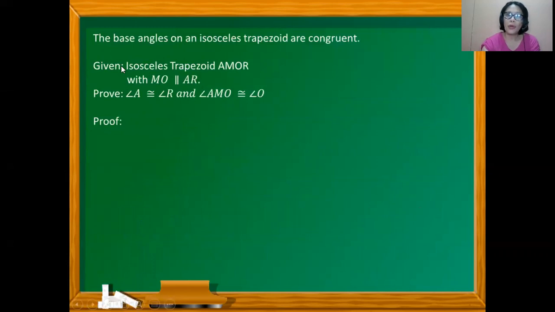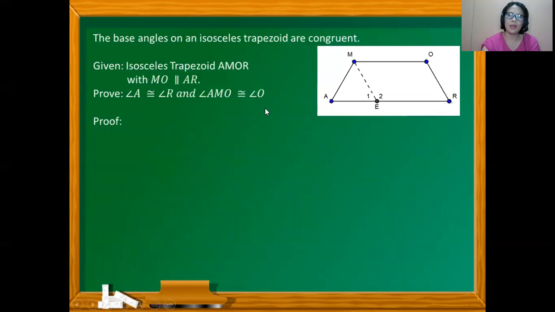Now, we're going to prove the property of an isosceles trapezoid which states that the base angles of an isosceles trapezoid are congruent. And we have here isosceles trapezoid AMOR with MO parallel to AR.